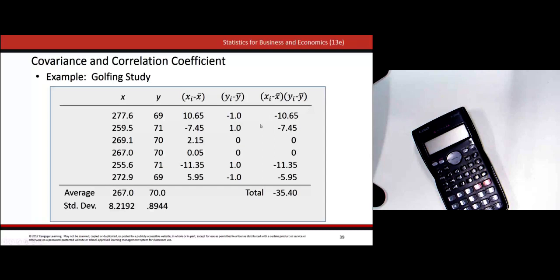And then you multiply those: 10.65 times negative 1 is negative 10.65, negative 7.45 times 1 is negative 7.45, 2.15 times 0 is 0, then negative 11.35, and negative 5.95. So the total of this column is negative 35.4.